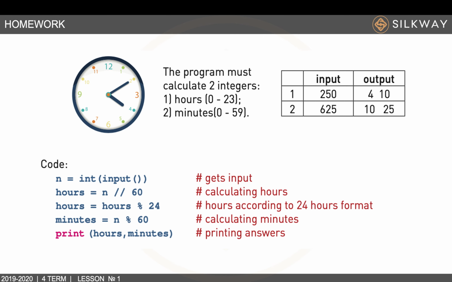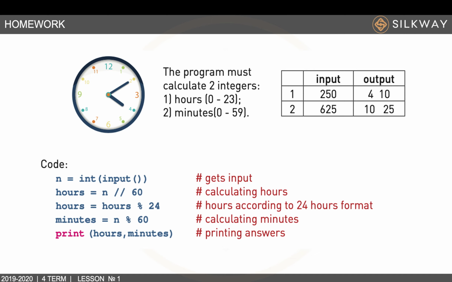Now, this is your homework. You have to make a program here, the actual whole code. You have just to rewrite this on your computer. When you enter a number, this number will be minutes. So it will show you what the time is.